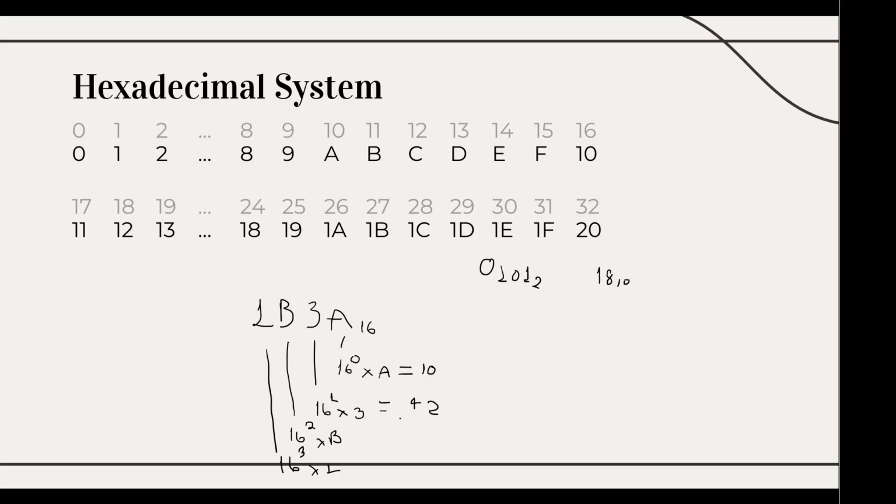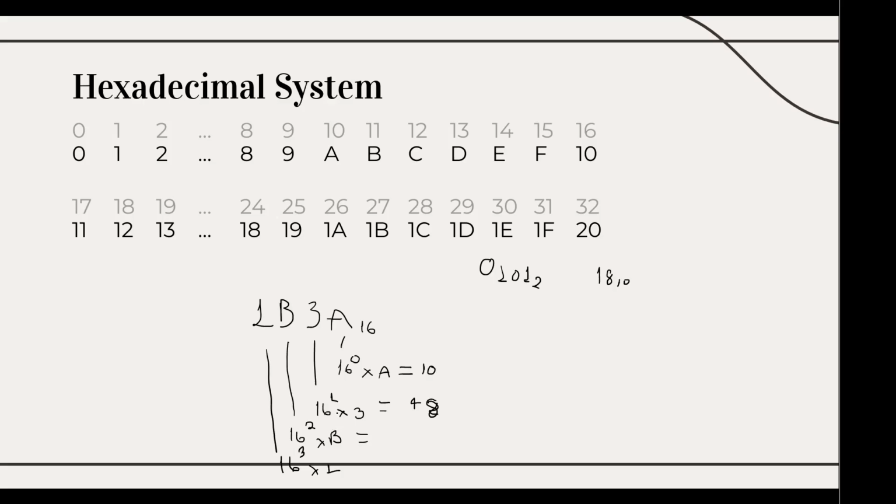That is correct. 16 to the power of 2 is 256, times B.